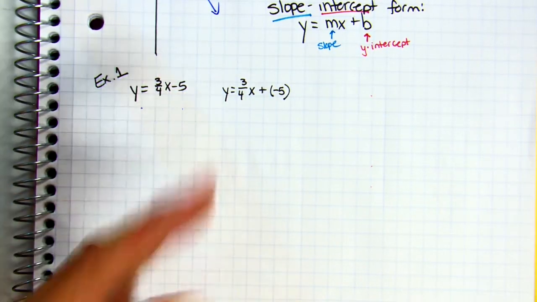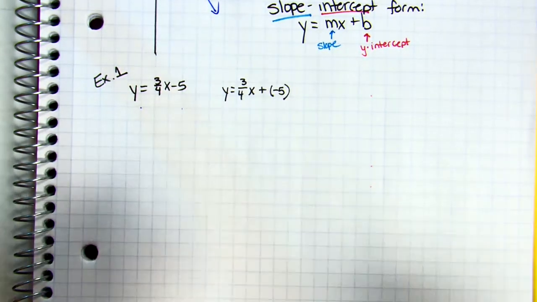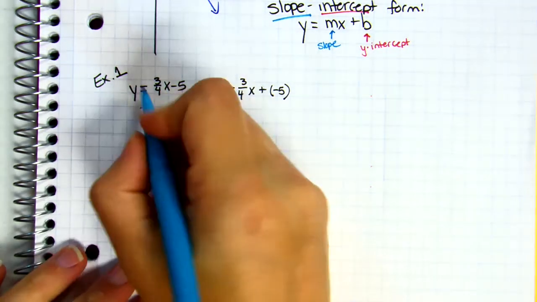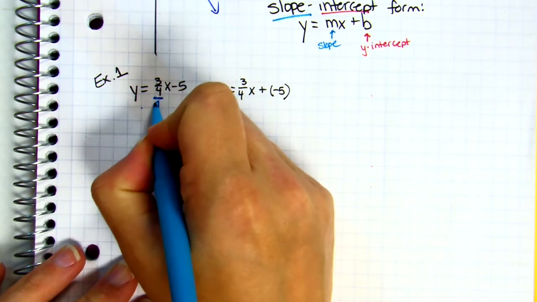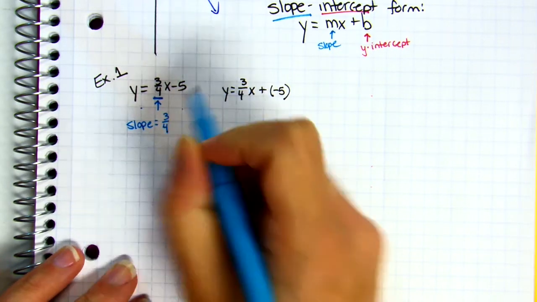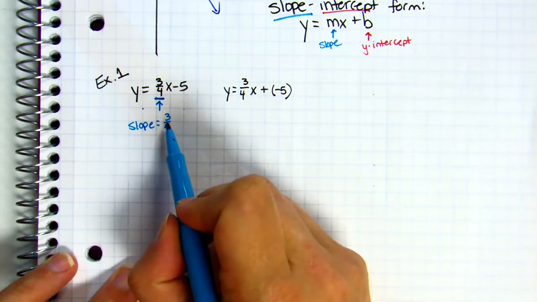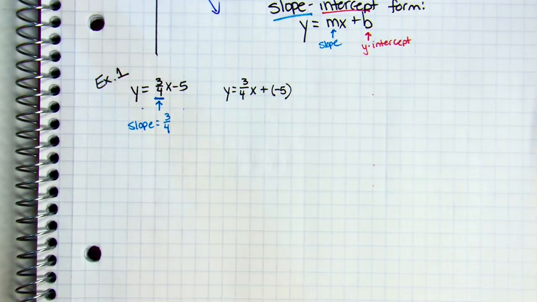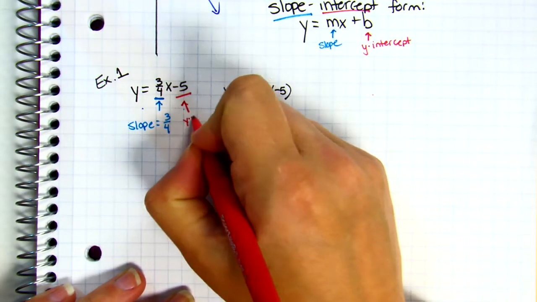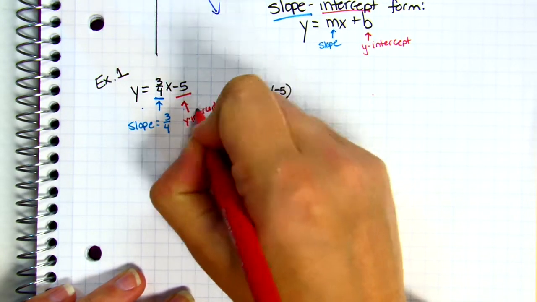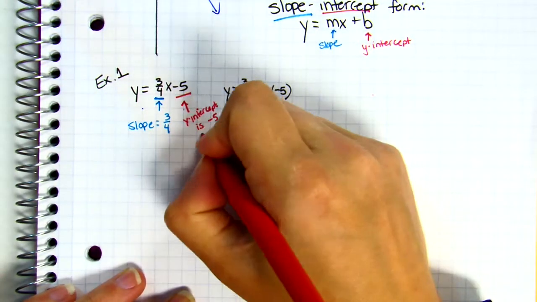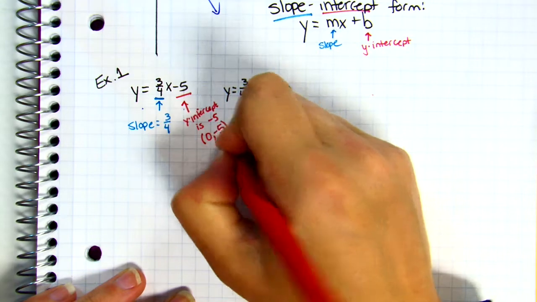Subtracting 5, in your head, is the same as adding a negative 5. So what that's telling you is the slope of this line is 3/4, which means from point to point you go up 3 and over 4, and your y-intercept is negative 5, or the coordinates would be 0, negative 5.